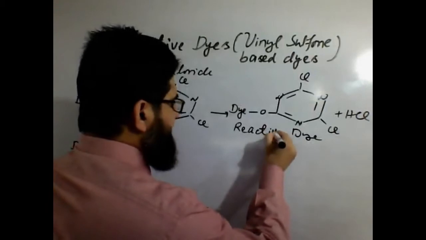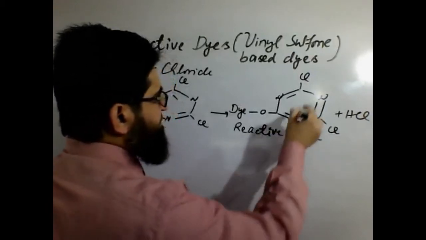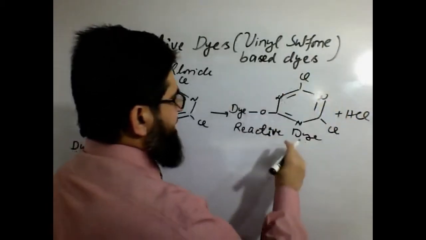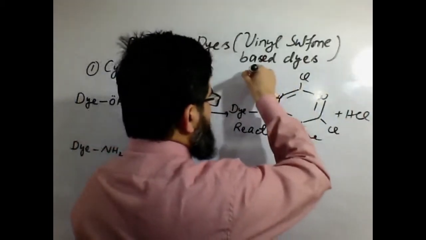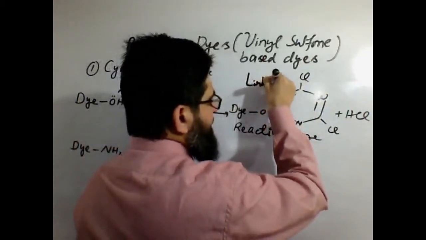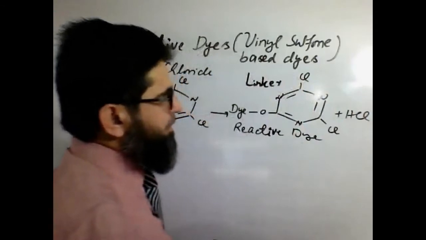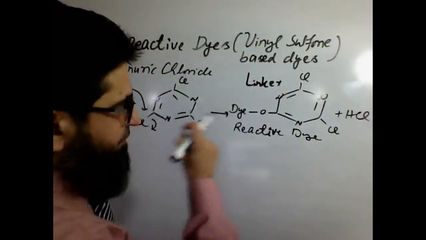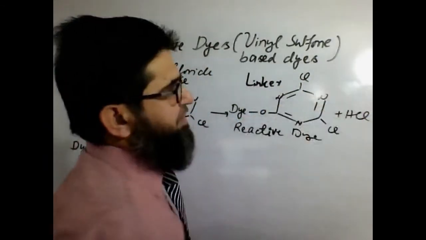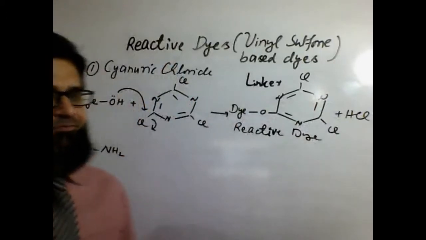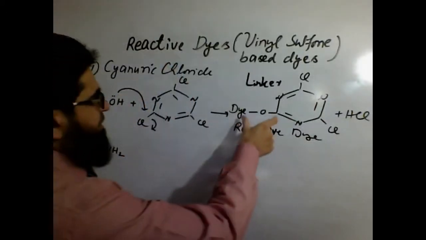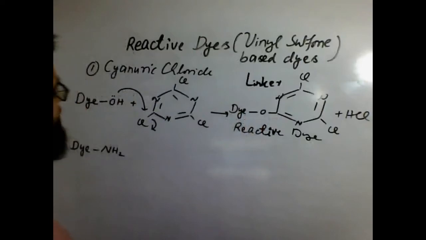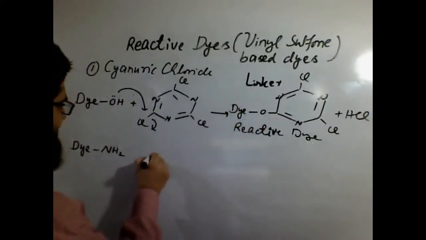So what has happened over here? This cyanuric fluoride is acting as a linker between the dye and the cellulosic fiber. So those dyes are called reactive dyes, and specifically the cyanuric fluoride based reactive dyes.